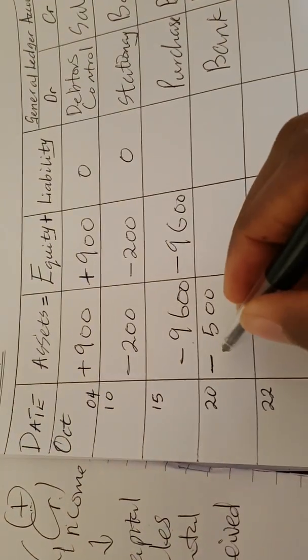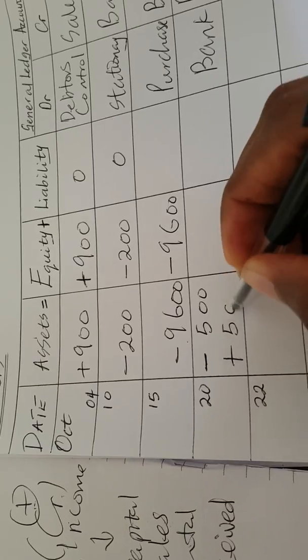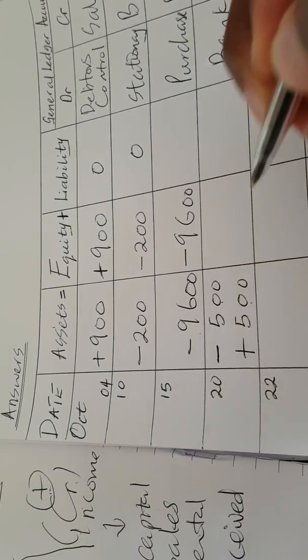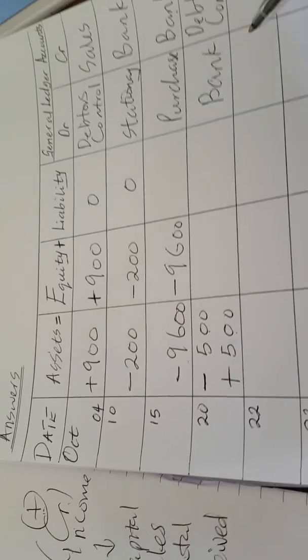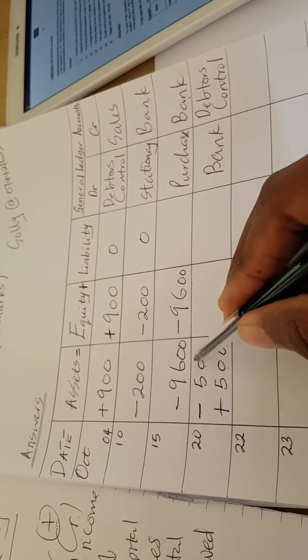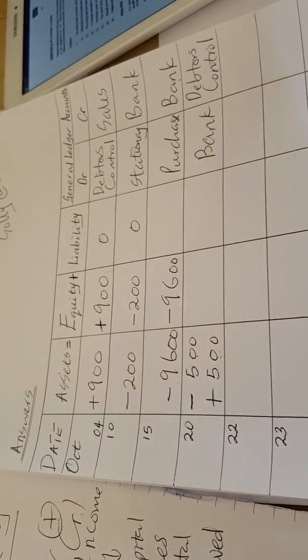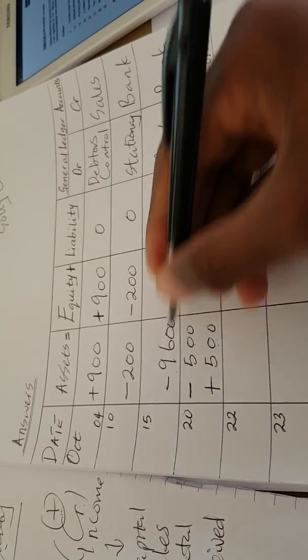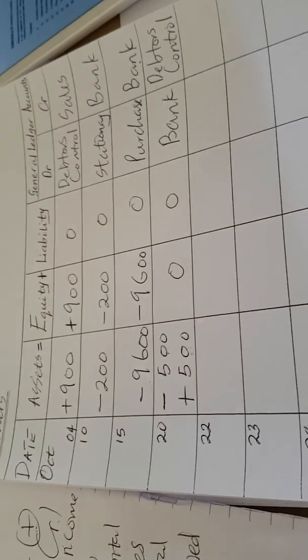So here it's going to be minus and plus 500 under the column of assets, because debtors control and bank are all assets, so the effect will only happen on the column of assets. So here we're going to have 0 0 0 again.